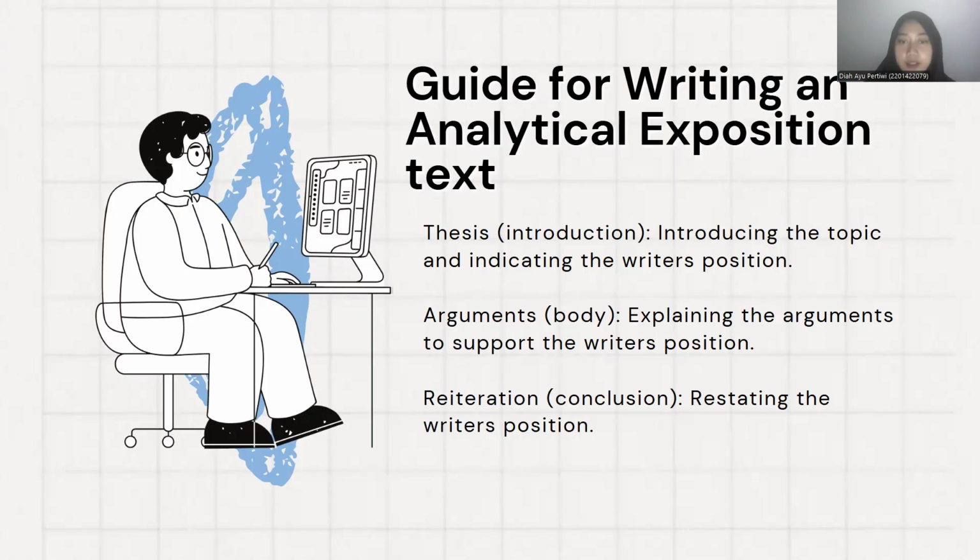The next part is the argument or body, explaining arguments to support the writer's position. The last part is reiteration or conclusion, restating the writer's position, so you conclude your writing in the reiteration, the last part. Did you understand, guys? I hope you understand, okay?